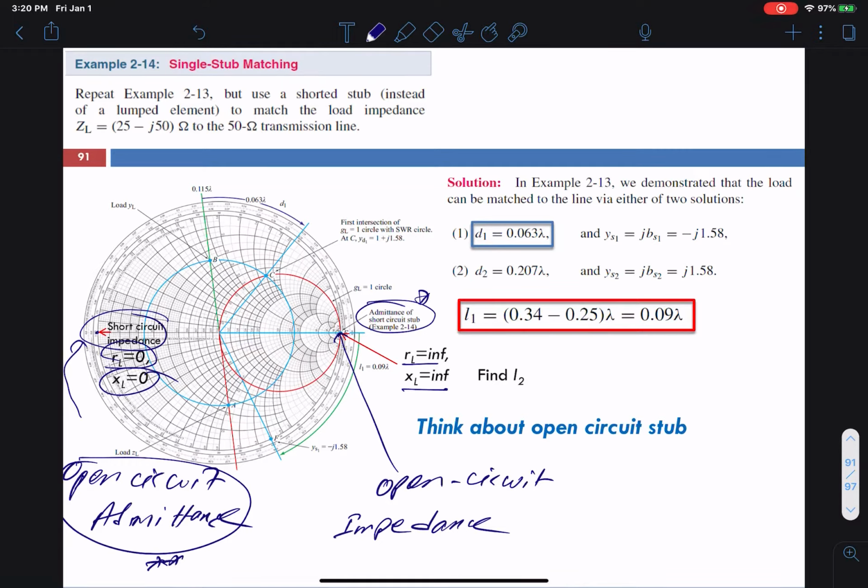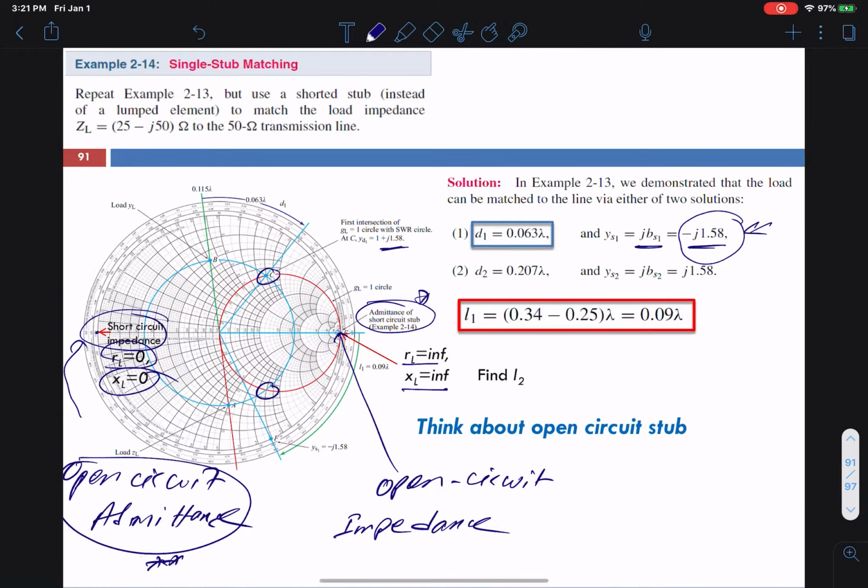Now, from the last problem, we had 2 points. At this point over here, my yd1, or bd1, is positive j1.58. That means my jbs1 would be negative, right? I need this admittance to match, so I have to find this value on my admittance Smith chart.